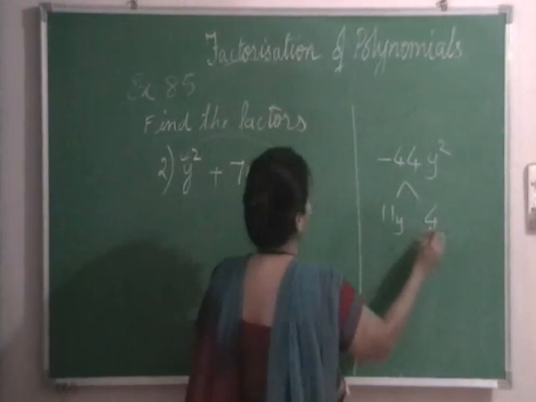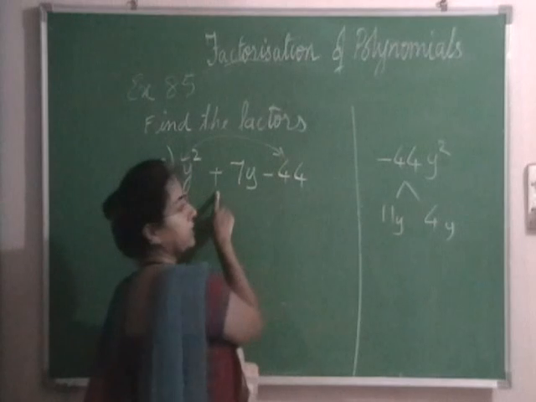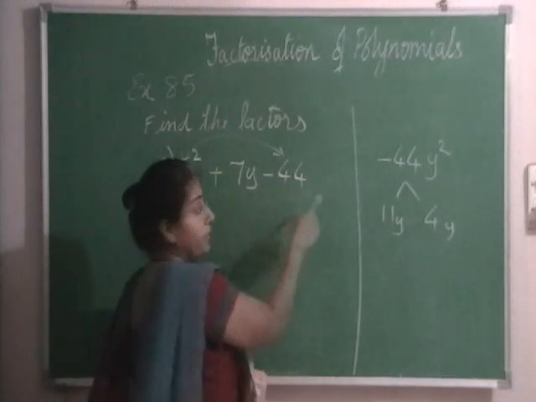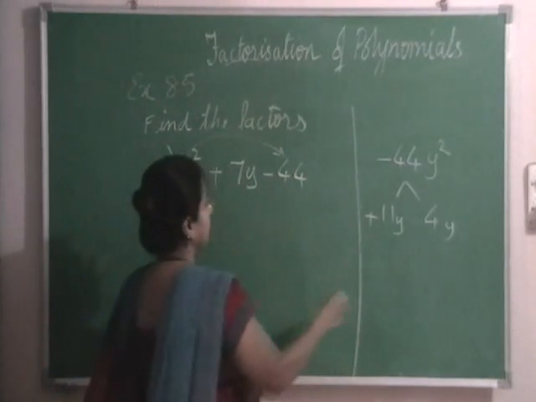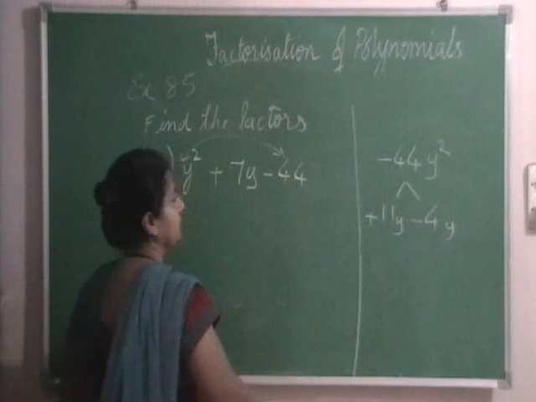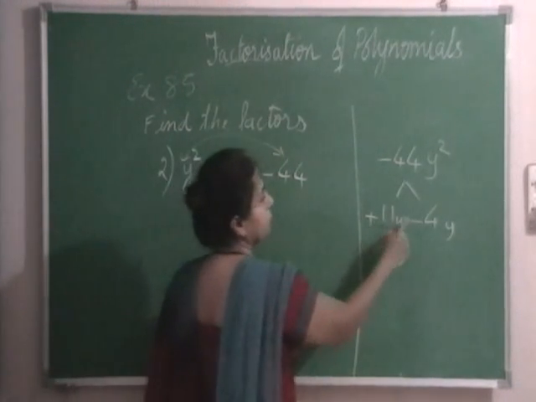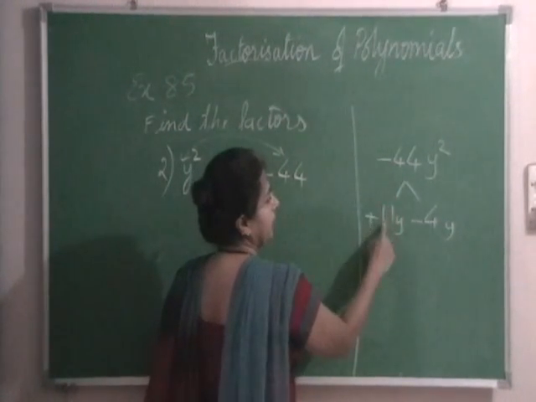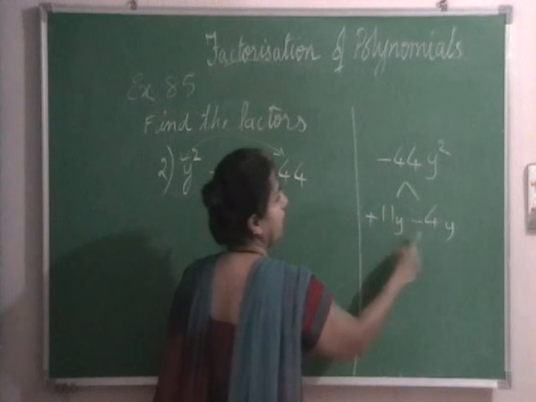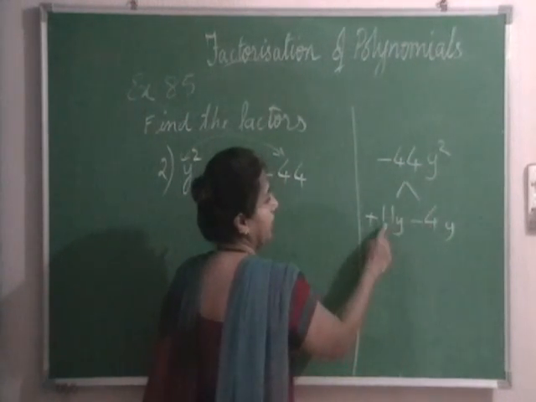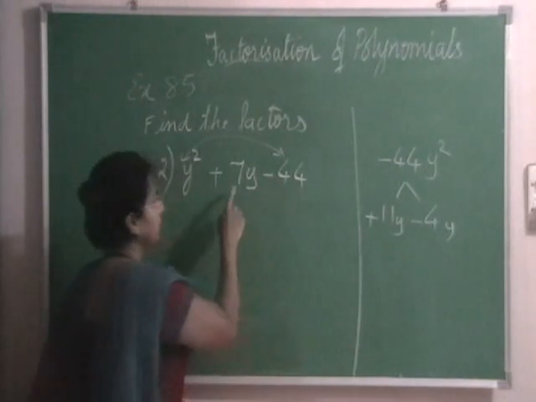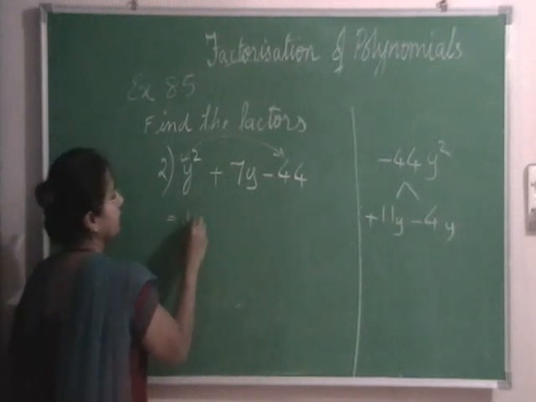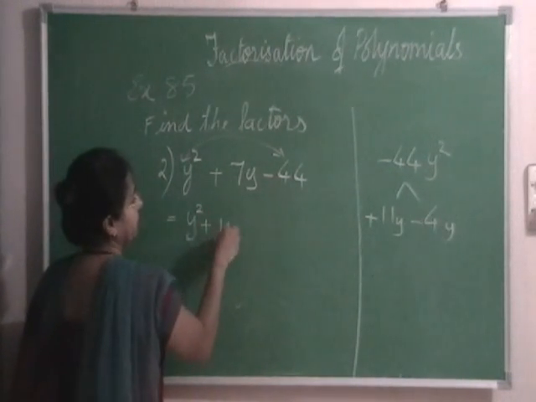So I'll write y. Middle sign to the bigger number plus and the other one is minus. Check it once again. Plus into minus, minus. 11 4s are 44. Y into y square. 11y minus 4y gives you 7y. So those factors are perfect.